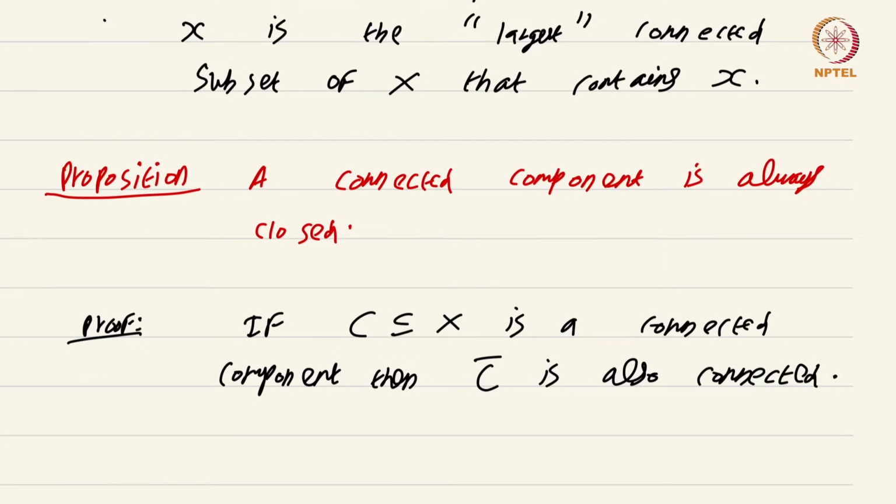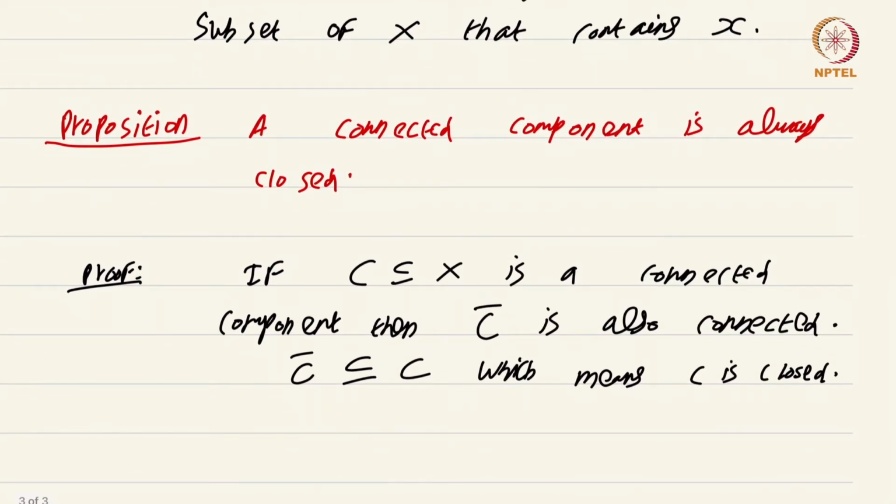So given the fact that C is a connected component, that means that if you take any point x in C, and if there is a point y such that x and y belong to the same connected set, then that entire connected set should belong to C. So applying this argument to the closure of C, which is connected, immediately shows that the closure of C must be a subset of C, which means C is closed. So this in some sense is following because connected components are definitionally the largest connected pieces of the set X, and the closure of C is a larger connected piece.